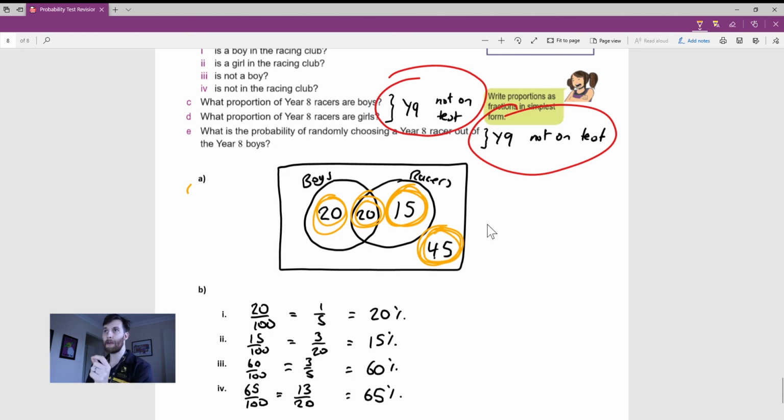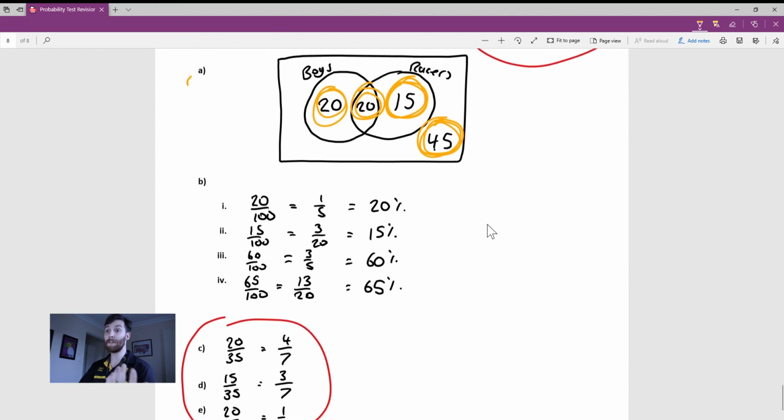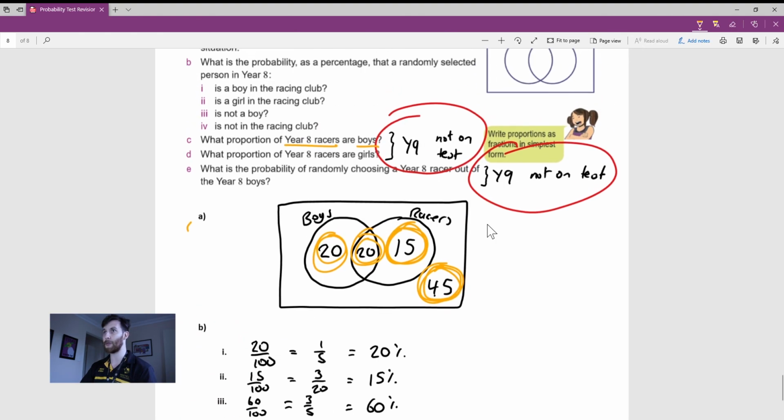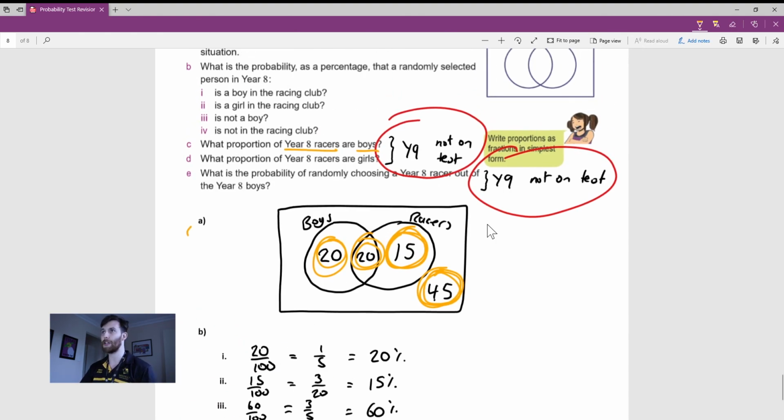So what it's saying there is it's narrowing down the sample space to just the year 8 racers, and it's asking of them how many are boys. So that's what we call conditional probability. It's saying, well, based on the fact that they're a year 8 racer, what's the probability that they're a boy? Same for if they're a girl as well. So that's just a little bit outside the realm of what we need to know. But if you did want to still have a go at them, I've got the solutions on the page as well, and you can ask me in class too.